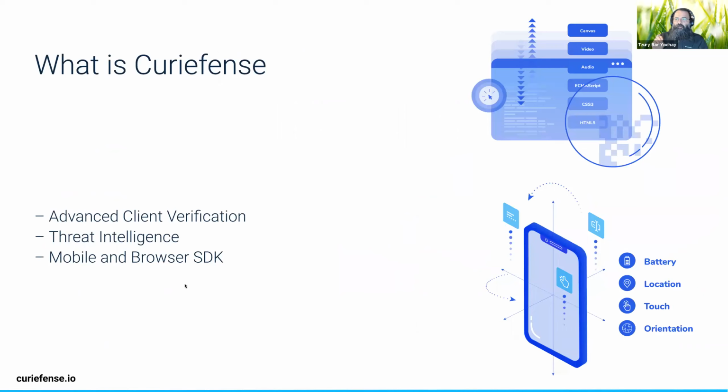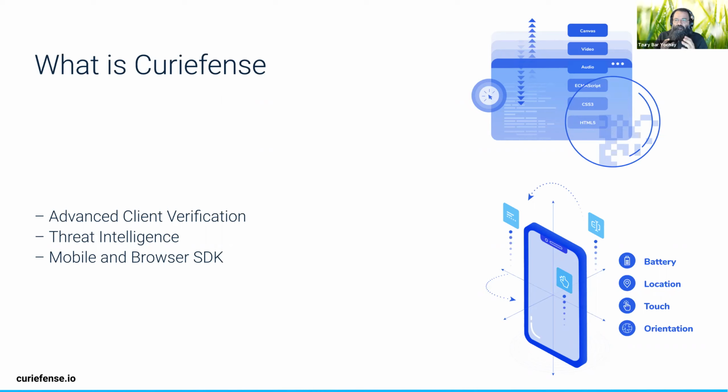One of the beauties of Curiefense, which we added in recent weeks, is quite advanced web client authentication. Whether we're talking about a web browser, desktop, laptop, or mobile browser, or even a mobile native application.